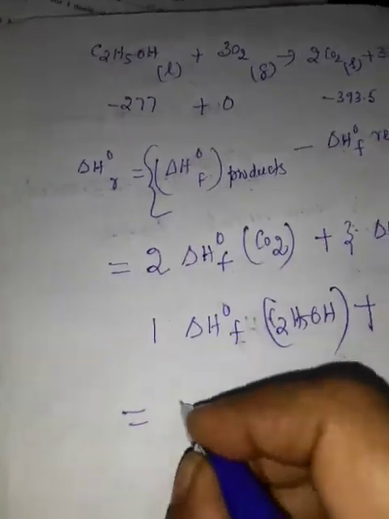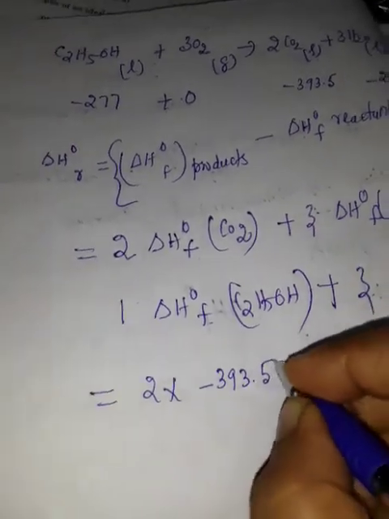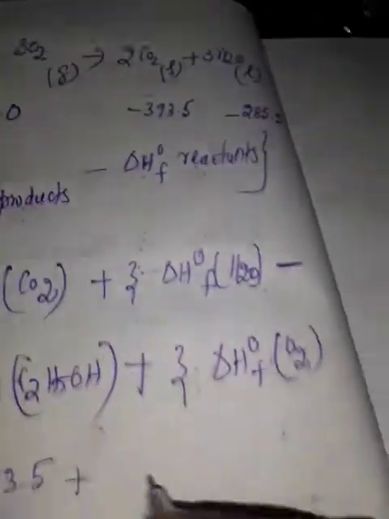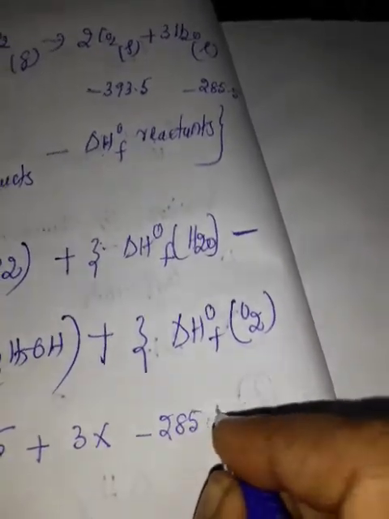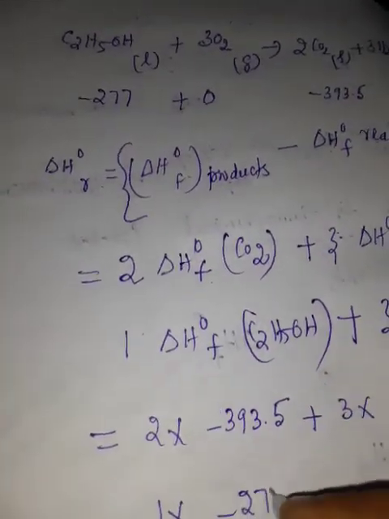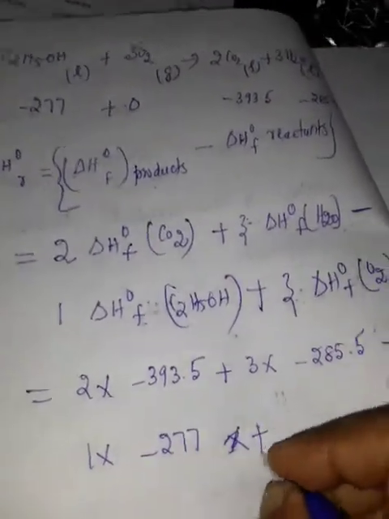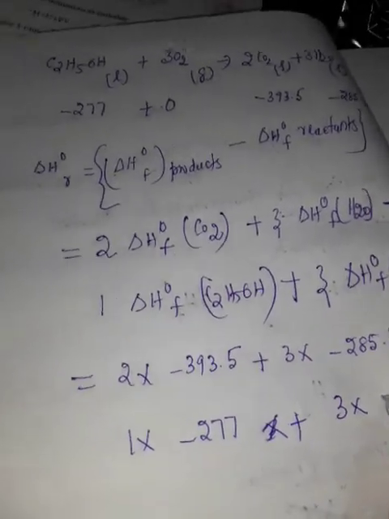So carbon dioxide value: 2 into minus 393.5, plus 3 into water, minus 285.5, minus the reactants: 1 into minus 277, plus 3 into oxygen, 0 by definition.